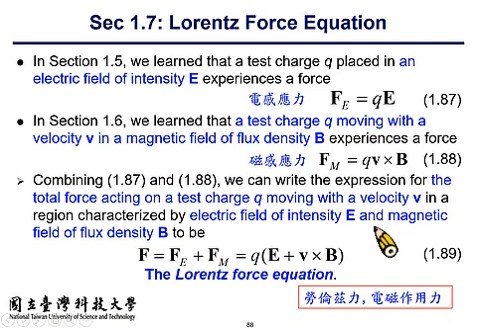It is simply the summation of electrical force and magnetic force. In terms of charged particles, it is QE plus Q times V cross B. V is not voltage here, V is the moving speed of the charged particle.